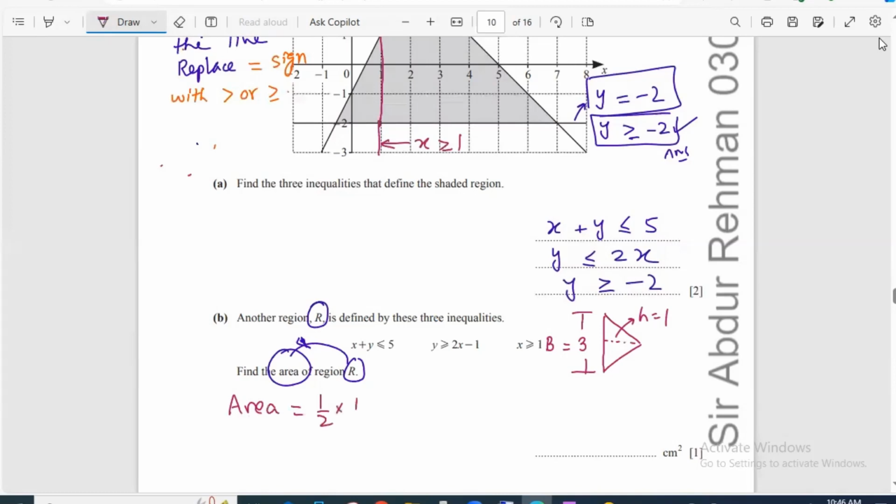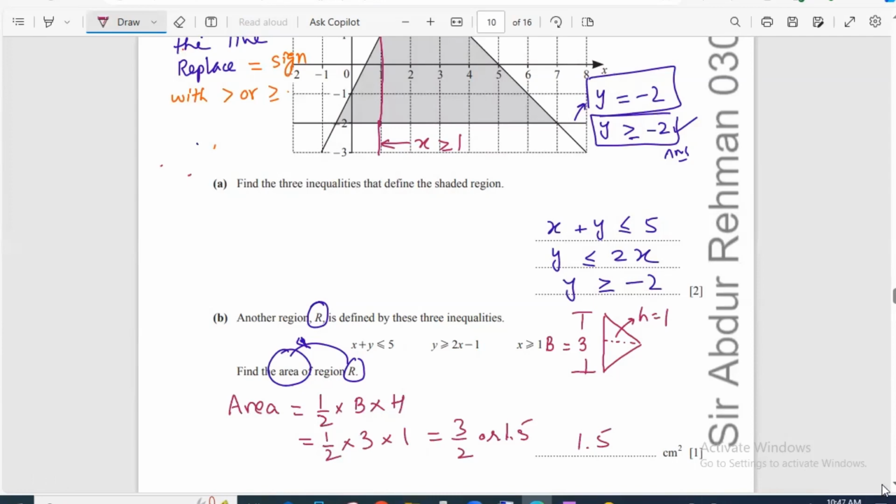One over two times base 3 times height 1 gives 3 over 2 centimeter square, or 1.5. Both answers will be correct. We can write 1.5 or 3 upon 2.